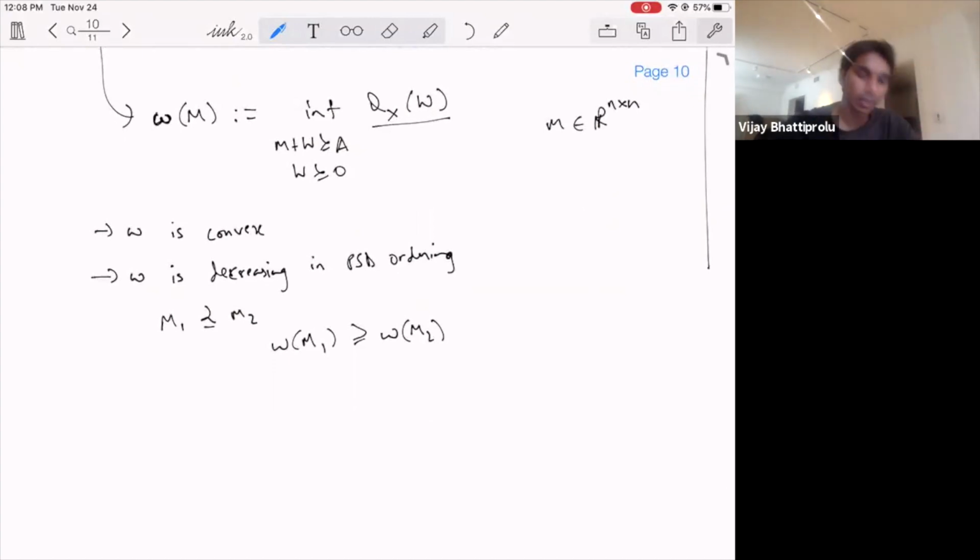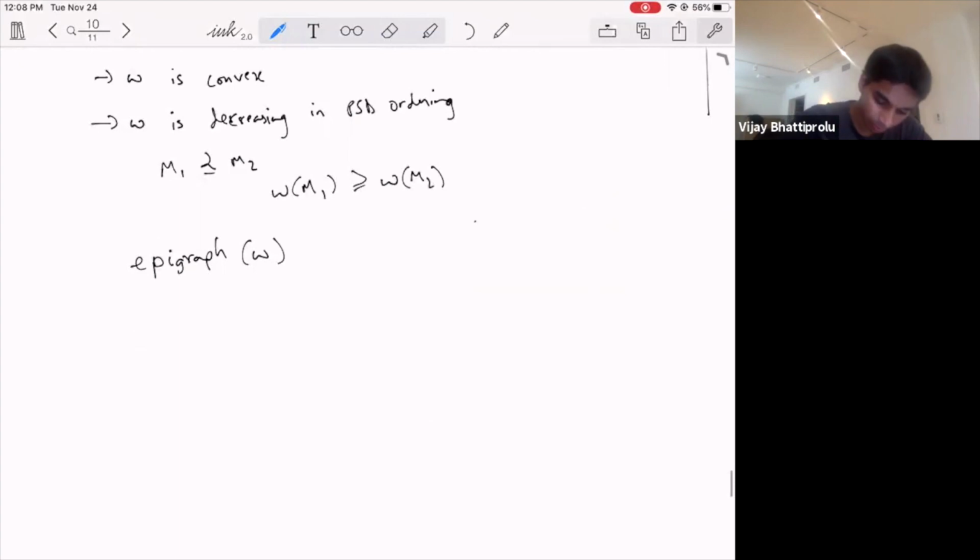Now we can look at the epigraph of omega. So I'm going to do a sort of proof by picture a little bit. Think of the lower axis as R n cross n.